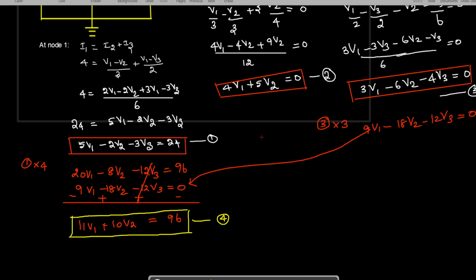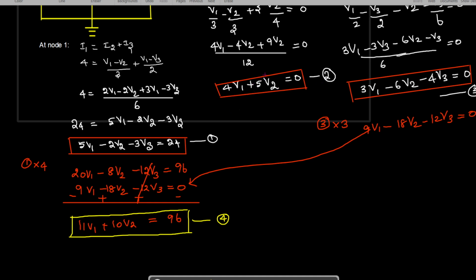Now you compare the second equation and the fourth equation. The fourth equation contains V1 and V2. Similarly, the second equation contains V1 and V2 as node voltages.